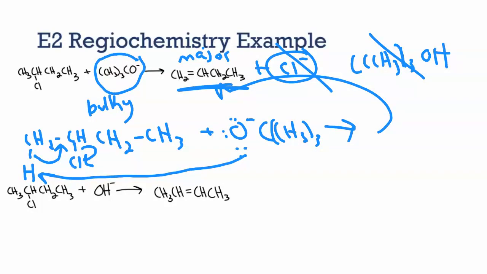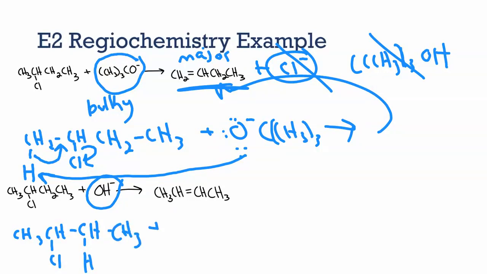The bottom one, it doesn't matter because the base is not bulky. In the bottom case here, hydroxide is not a bulky base. So now I am free to get into that middle carbon and take this hydrogen, because hydroxide is small and it's not going to bother this methyl group.